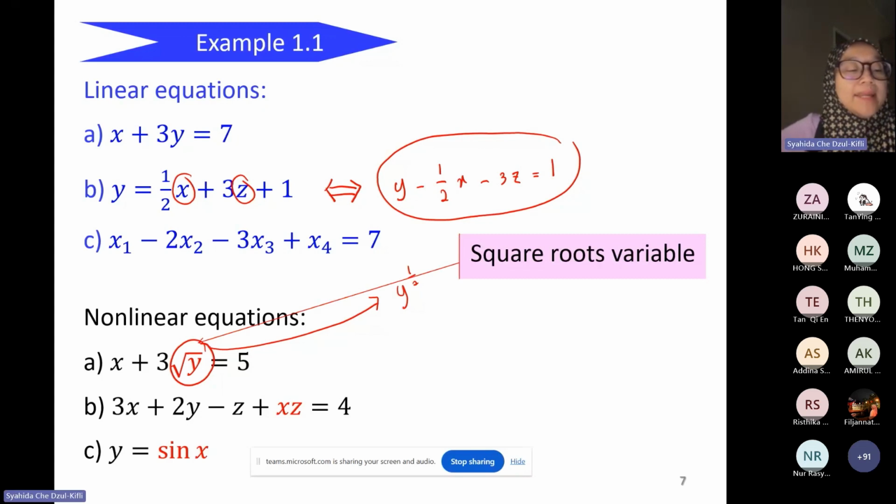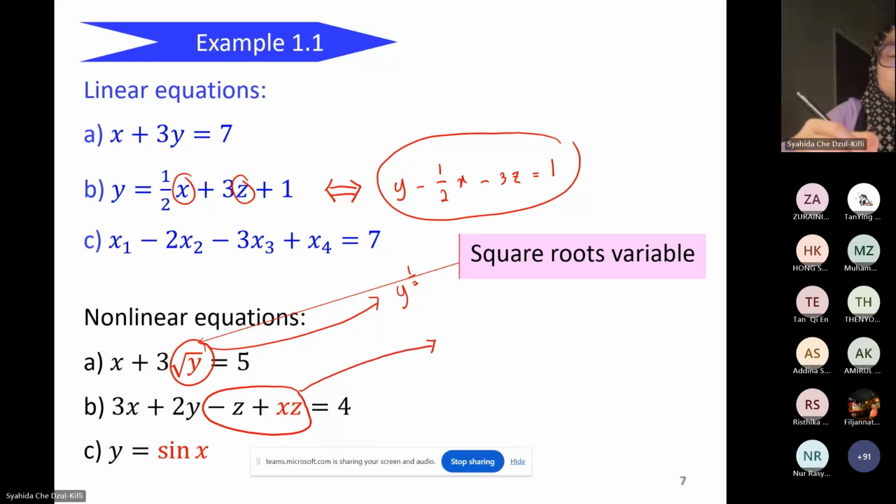Okay, and if we look at B, on the left hand side, this is equal to minus 1 plus x, times z.